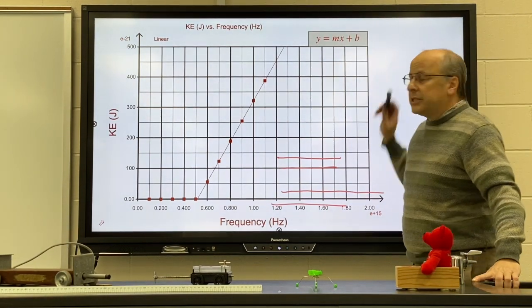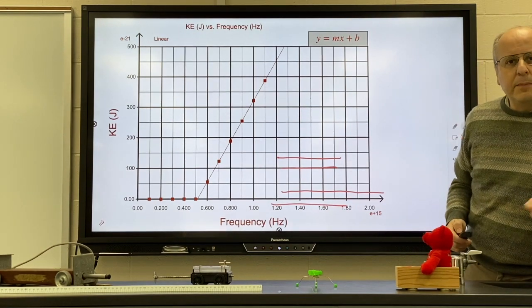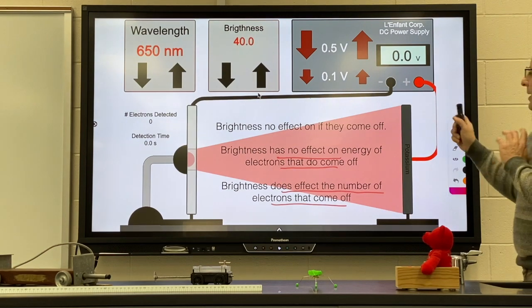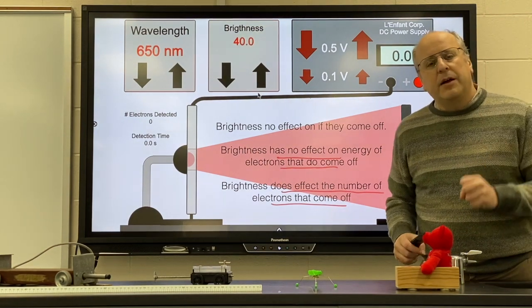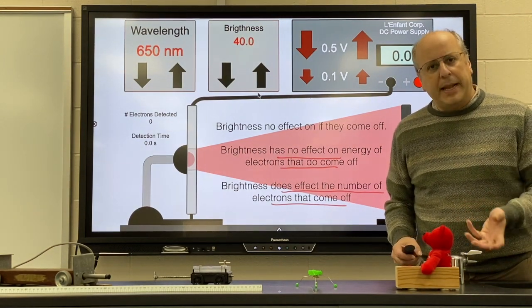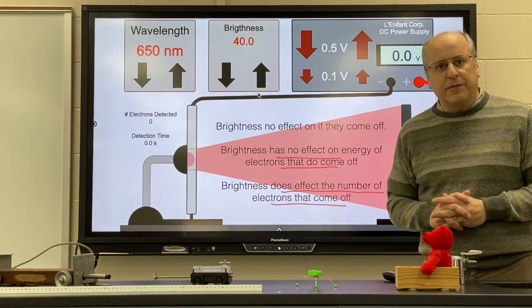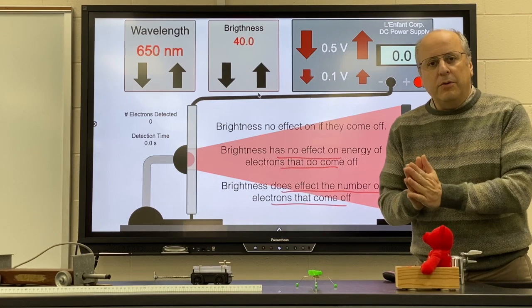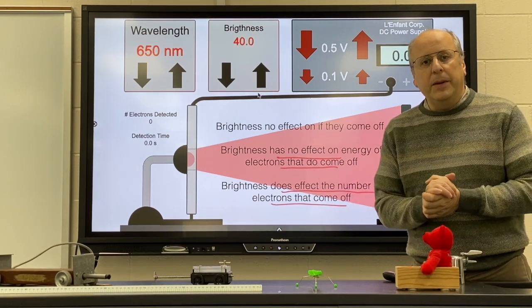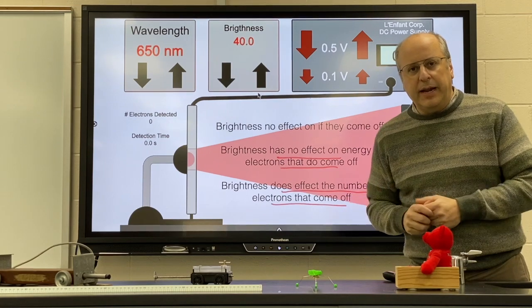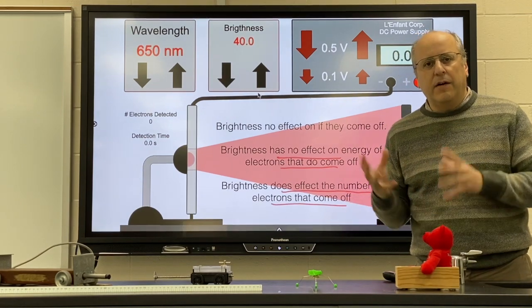The y-intercept is determined by the type of metal that we use. Brightness does not affect if they come off, it affects how many come off. And they are the key ideas for the photoelectric effect. Tomorrow, or in the next lesson, we will be looking at how this triggered Einstein's brain to come up with the idea of the quantum.